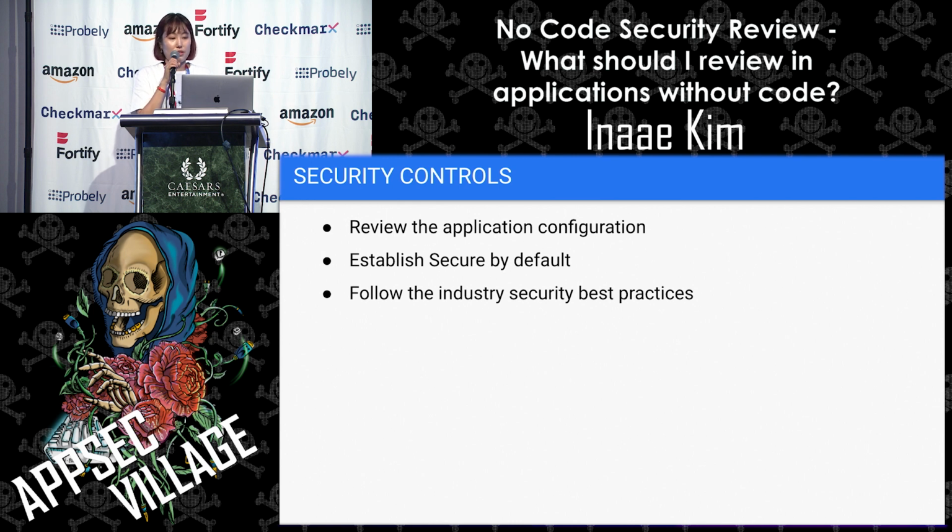Also follow the industry security best practice. Most no-code platform vendors follow industry best practice, so check their documentation or the third-party service documentation on how they provide secure configuration setup.